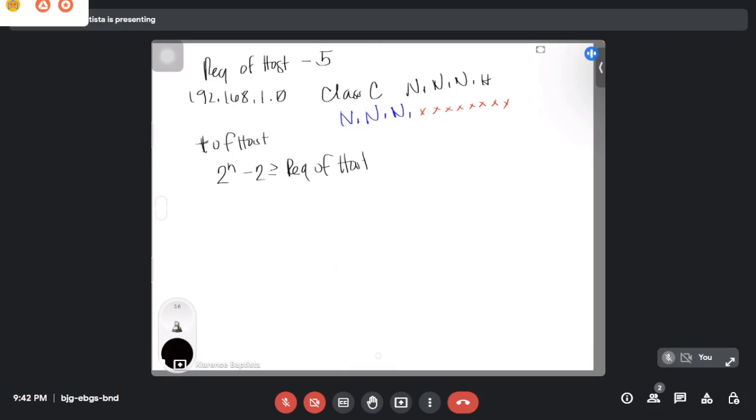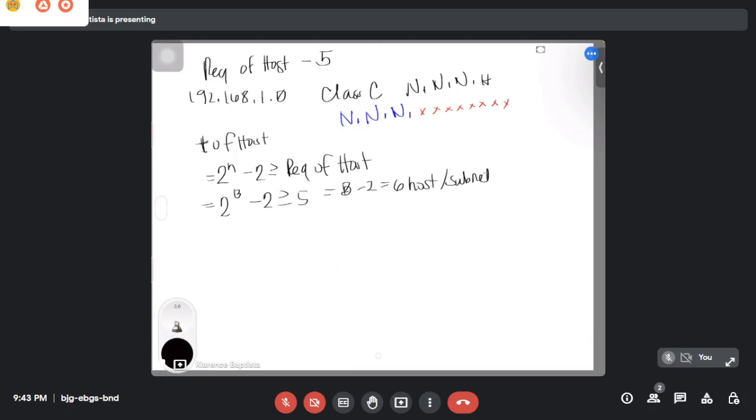Kabaliktad lang, host naman. Ngayon, ang requirement ng host natin is 5. So, pwede dito, 2 raised to 3. 2 raised to 3 minus 2 is greater than equal to 5. So, it's 8 minus 2 is equals to 6. 6 host naman ngayon per subnet.